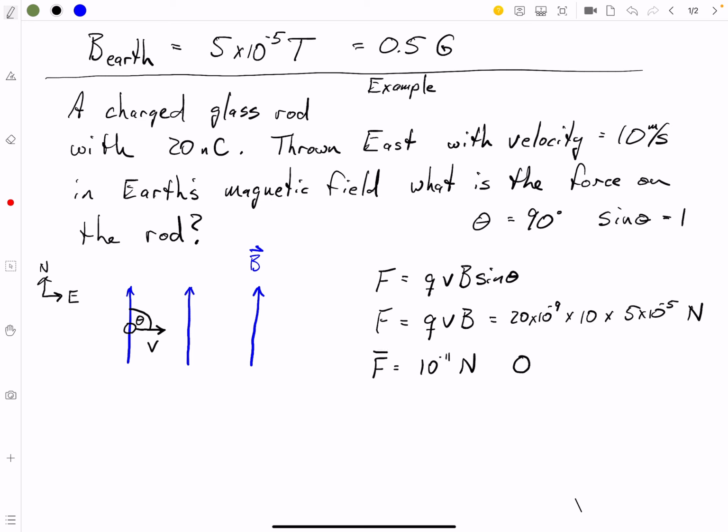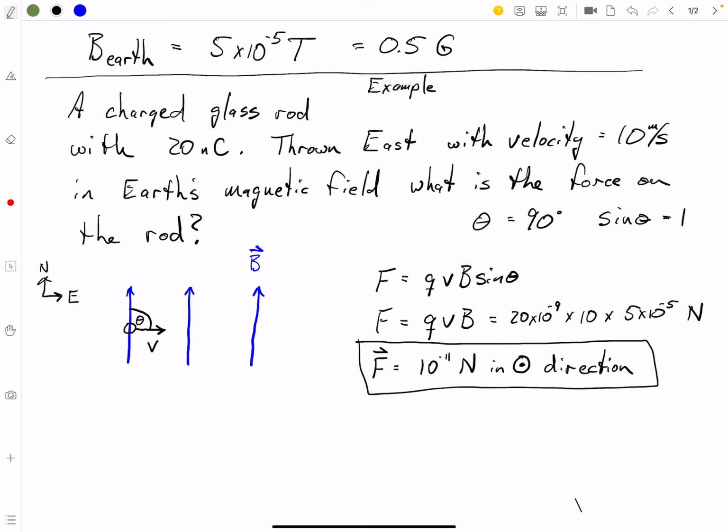So we can put a little vector sign on here and put our direction, and we could say in that direction. And that is our vector in this situation.